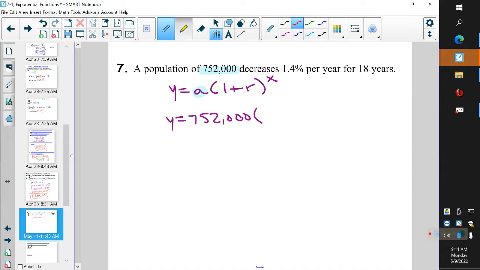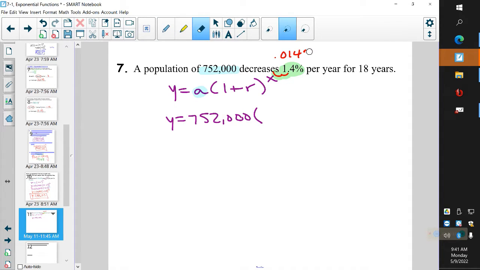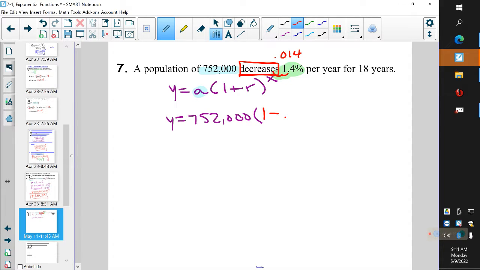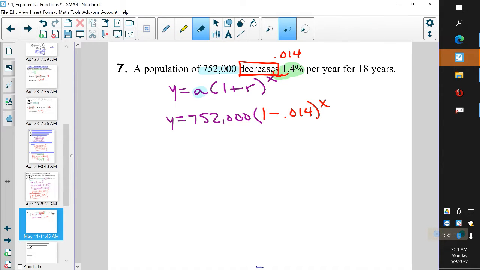So I'm going to change this decimal, moving that over 2 units. Yes, moving that over 2 units, to be 0.014. And if it's decreasing, my brain needs to understand I'm subtracting, not adding. Yes? And then our brain also needs to understand that x represents our years of 18.